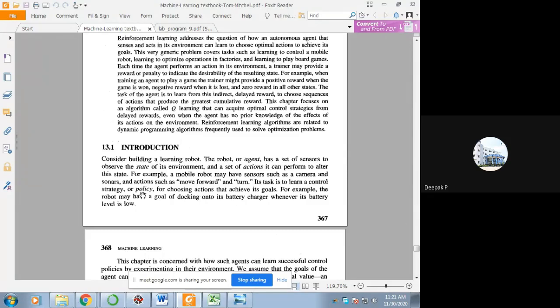Okay, so here a mobile robot is having sensors and a camera and a sonar data set. Sonar is taken, so to check the conditions or the actions as whether it is moving forward or whether it is turning towards right or left. Okay, so its main objective is to learn a strategy or a policy for choosing an action which should satisfy the goal.